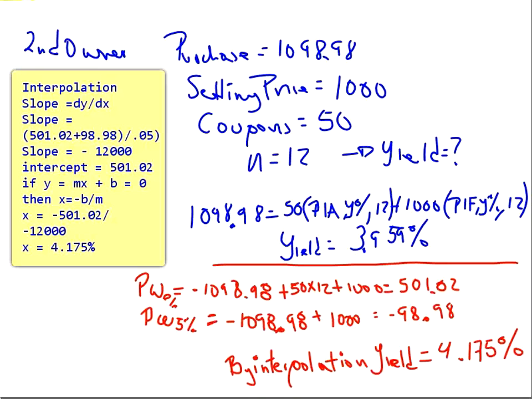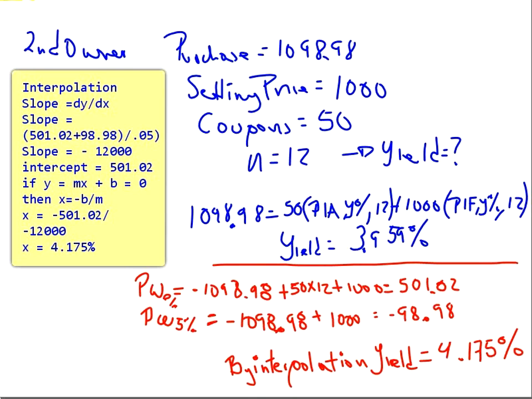For the first case, since we are not discounting anything at all, not taking into consideration any time value of money, the present worth of this investment would be $501.02. That is, he or she has to invest $1,098.98, and is going to receive $50 times 12 plus $1,000 without any consideration of when they receive it, and that amount is $501.02.